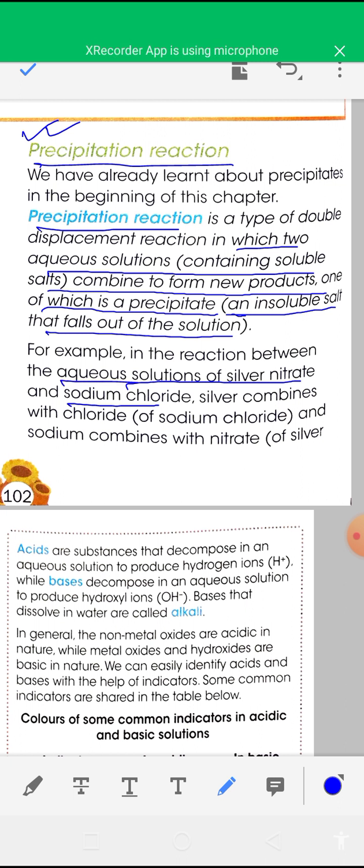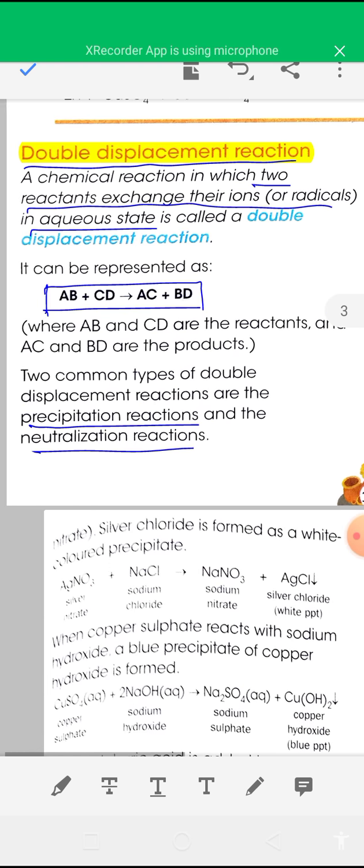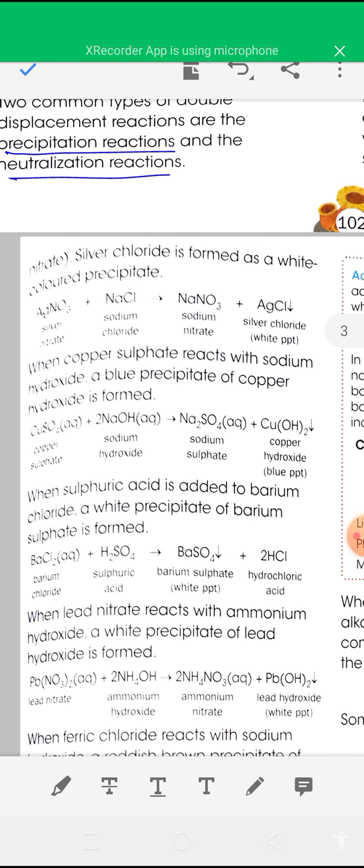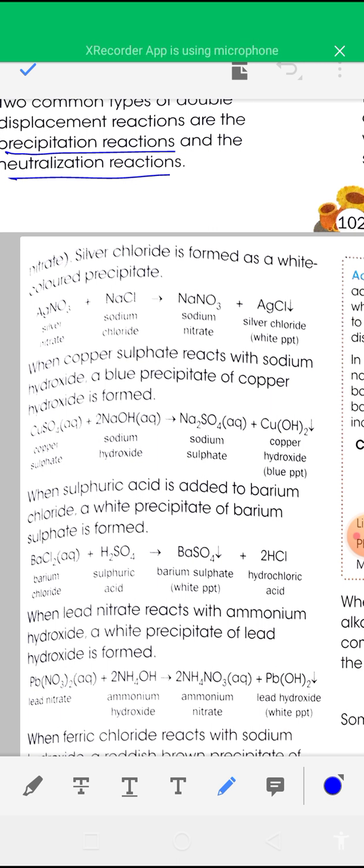When silver nitrate solution is added to sodium chloride solution, silver combines with chlorine of sodium chloride and sodium combines with nitrate of silver nitrate, and in this reaction silver chloride is formed as a white precipitate.